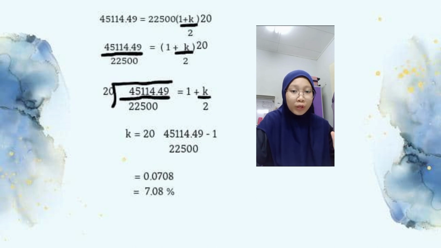So we calculate all of this, and the final answer is 0.0708. Then you must multiply 0.0708 by 100 to get the percent. So we get 7.08%.